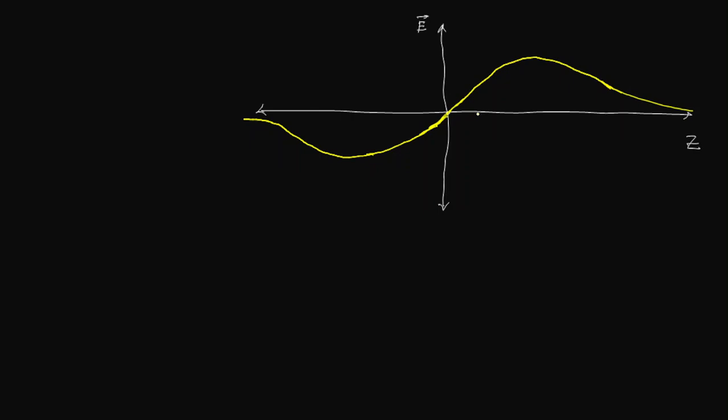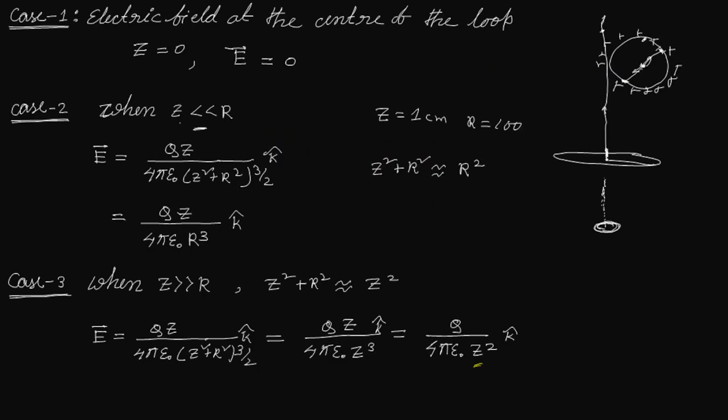That is the distance of the point on the axis. So now the question is where this electric field will be maximum. For what value of z will this electric field be maximum, that we have to calculate. So for that, let's put it as case 3. We have case 1, case 2, case 3.